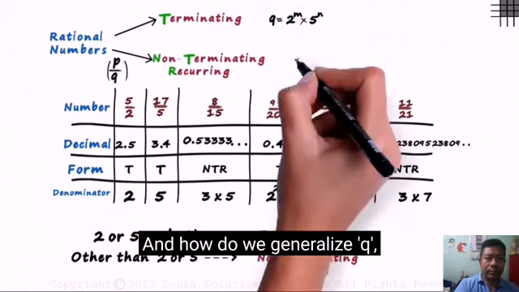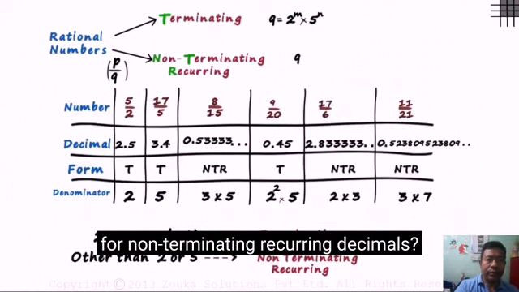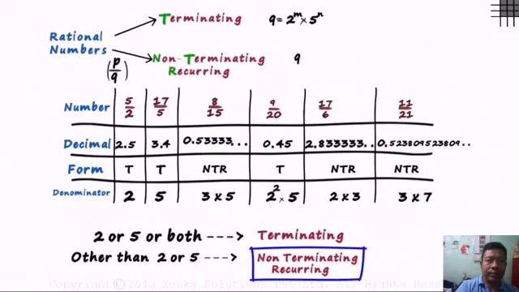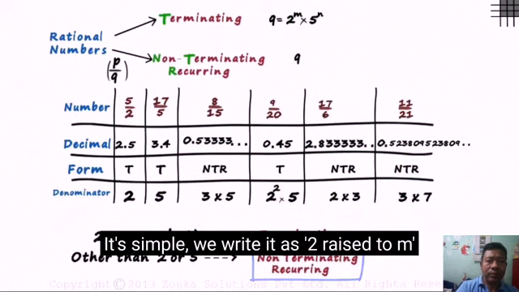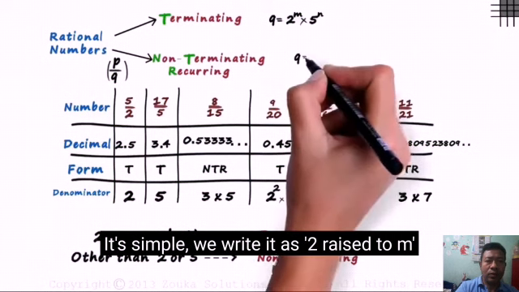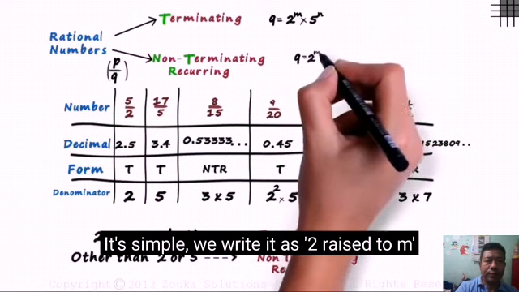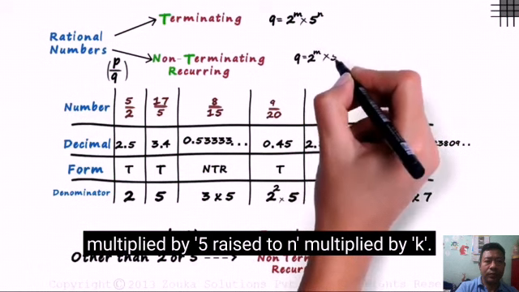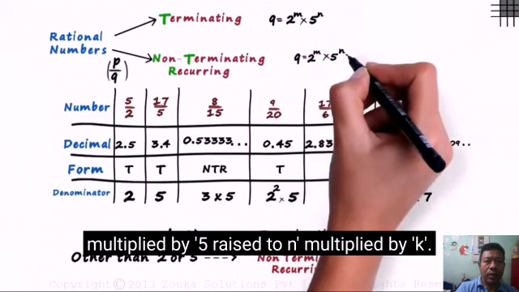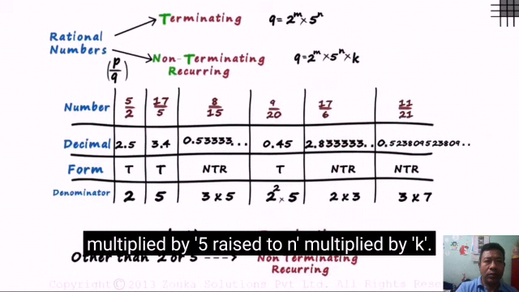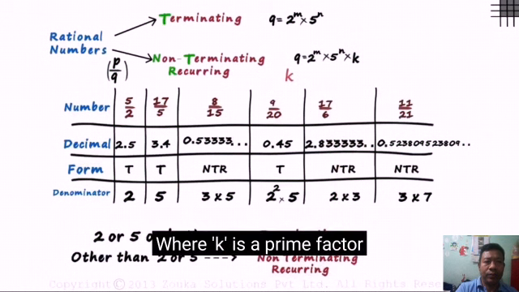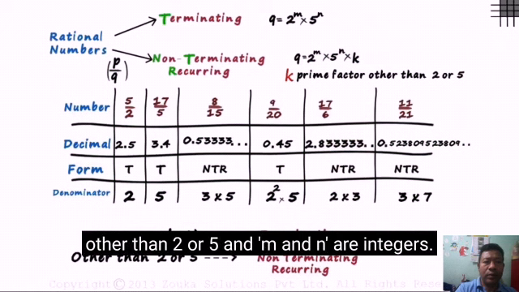And how do we generalize q for non-terminating recurring decimals? Simply, we write it as 2 raised to the power m multiplied by 5 to the power n multiplied by k, where k is a prime factor other than 2 or 5 and m and n are integers.